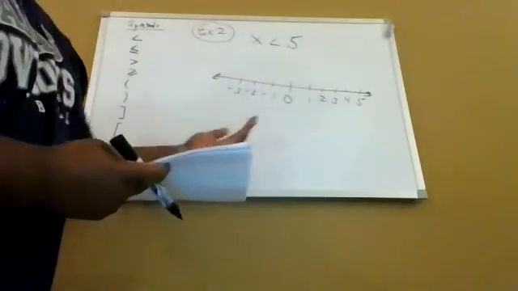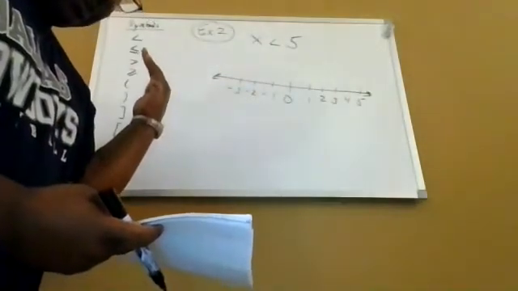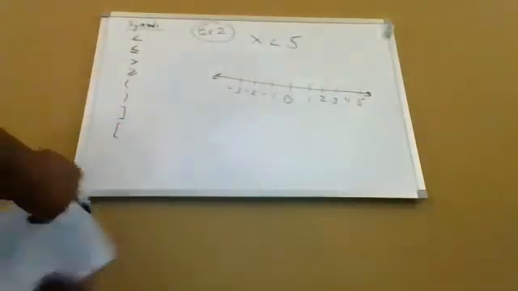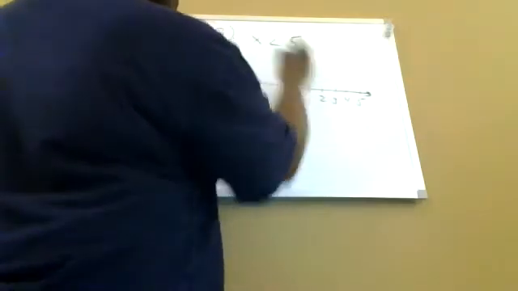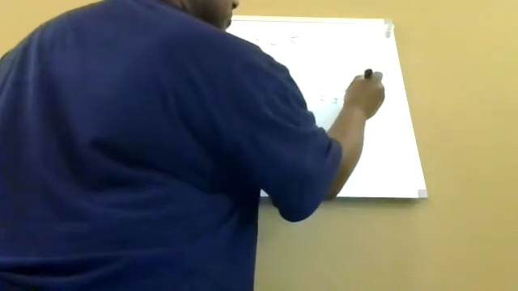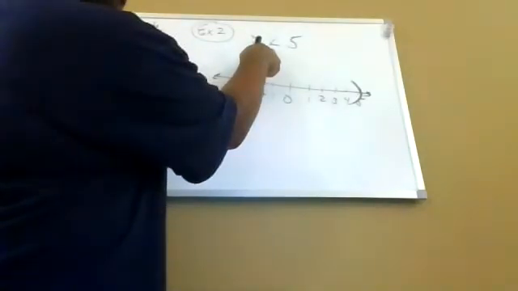So we want to shade in everything to the left of 5. And then we're going to use our parenthesis. Let's first identify where 5 is on my number line. Here it is. Now, since this is just less than, I'm going to use my parenthesis, because it's just less than.